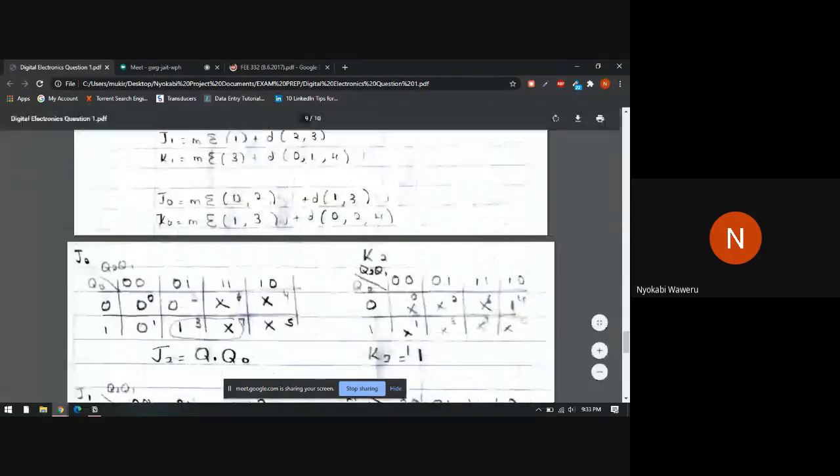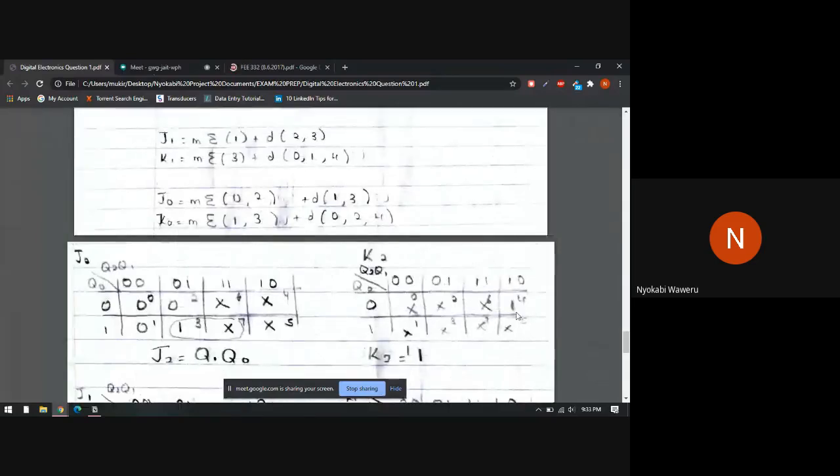It's okay. So now, we had the one, and then we have all of them. And you remember when you have don't care values, if you're grouping ones, you can assume all of them because it's either 1 or 0. So in this case, we had all 8 as 1. So K2 is 1.